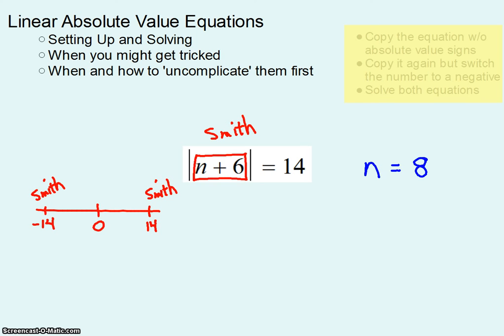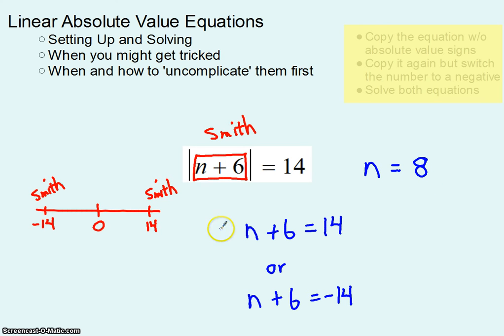So I ask people, please write down these two statements. Either n plus 6, which is Smith, is at 14, or n plus 6 is at -14. So if n plus 6 is at 14, when I solve for n, I get 8, like I had before.